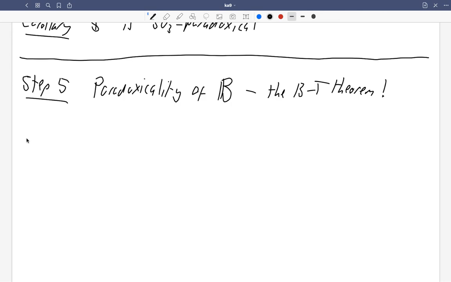So, the first lemma, we're going to get so close: the ball, if we take the origin out of it, is paradoxical under the group of rotations.